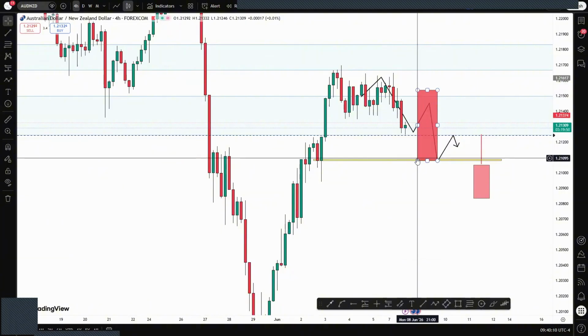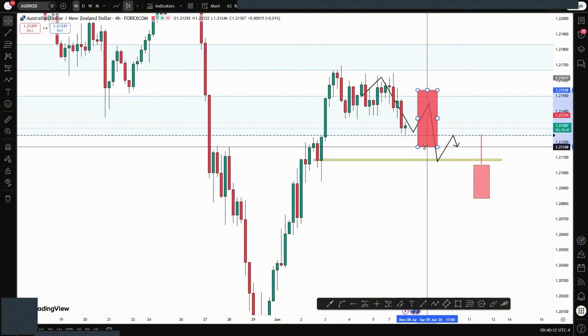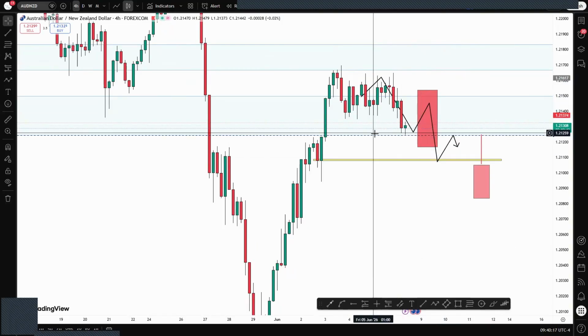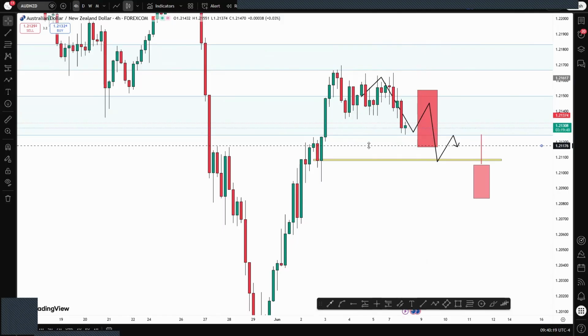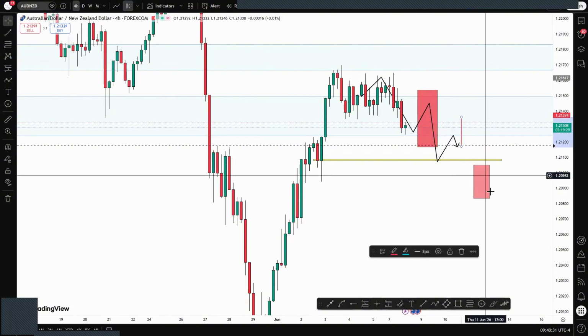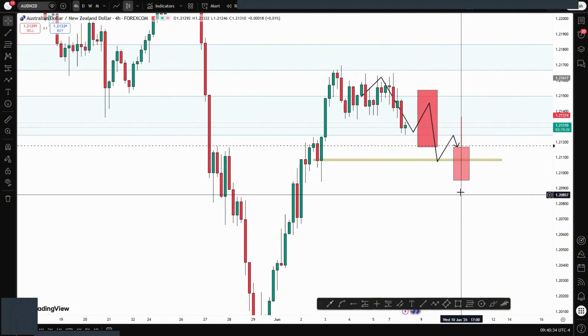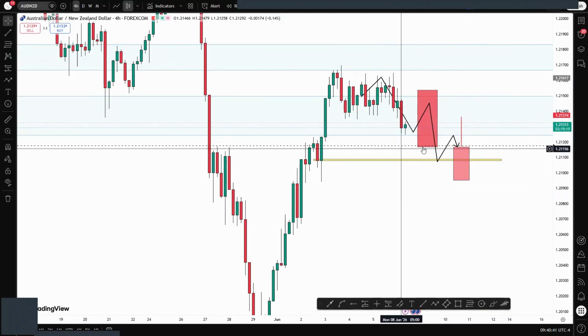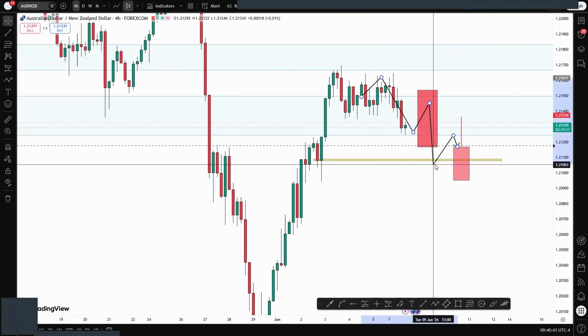But most importantly, I want the daily closing below here. And if the daily closes below there, we just wait for price to continue with the sales. It can either do that or do this, but that's what I'm saying. This week we might catch a sell or buy because of the way the markets are moving.